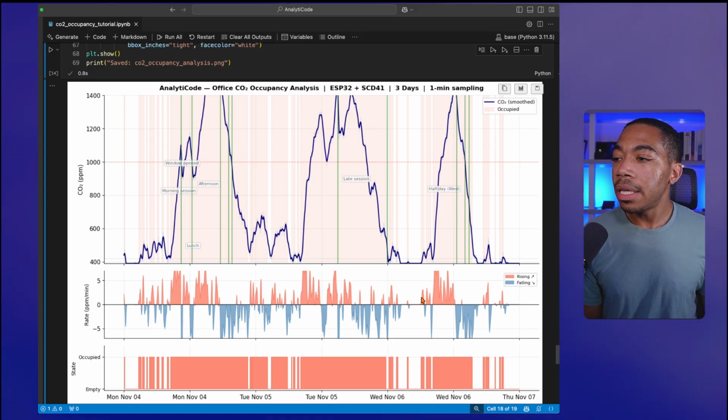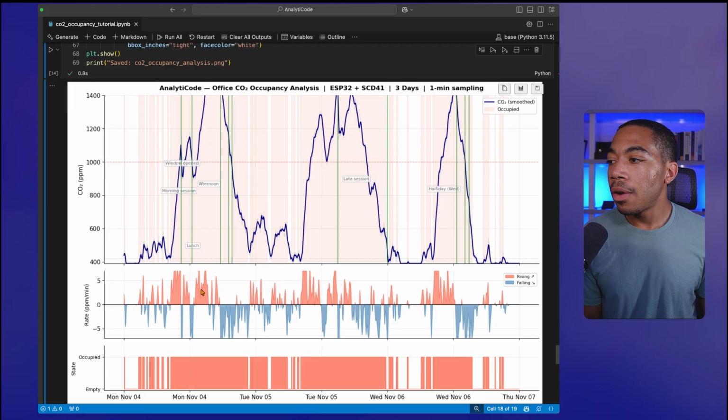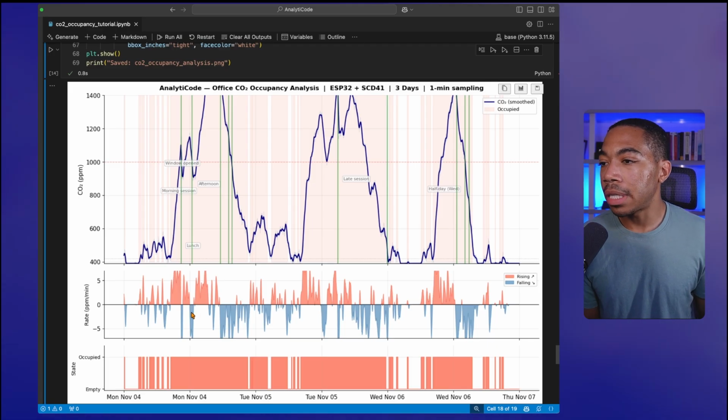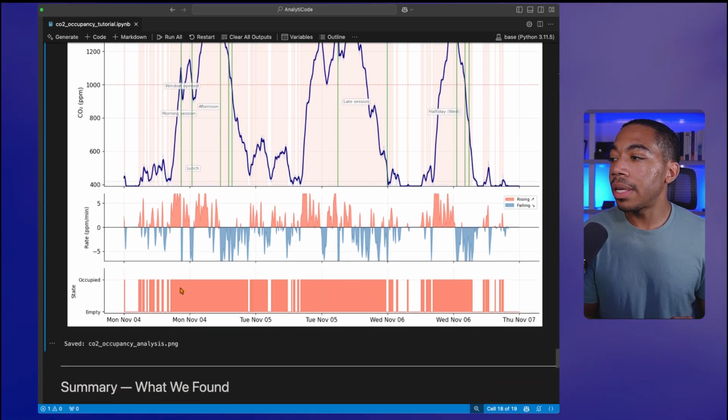With that, we can see the differences in the rate of change of our CO2 as a function of these different events, whether we're in the office, take a lunch break, or have this half working day there. And we can see the rise and fall of CO2. Lastly, we can see where we have this binary state here, where the room is either occupied, elevated by this line there, or empty based on the blank spaces there.